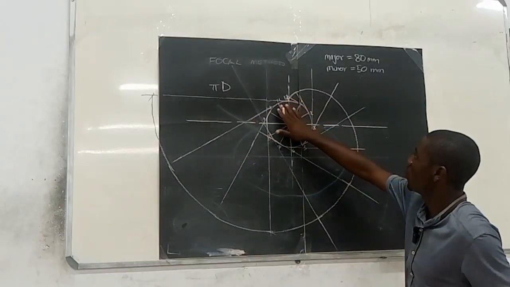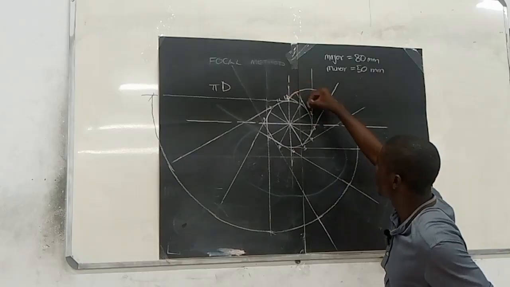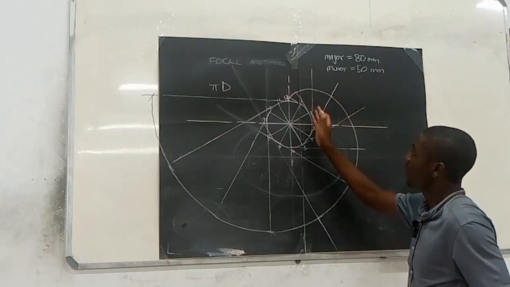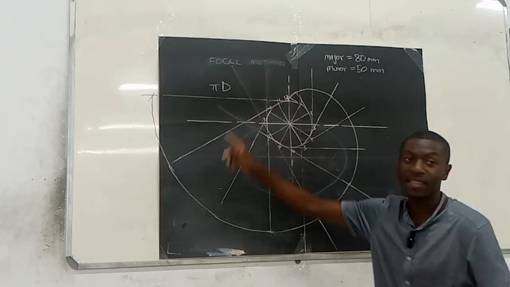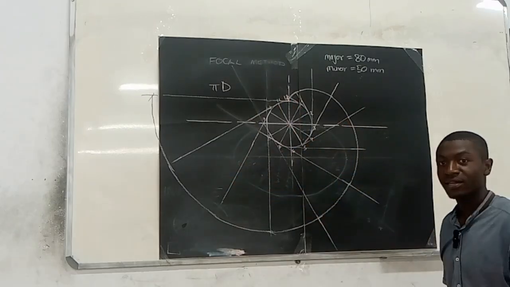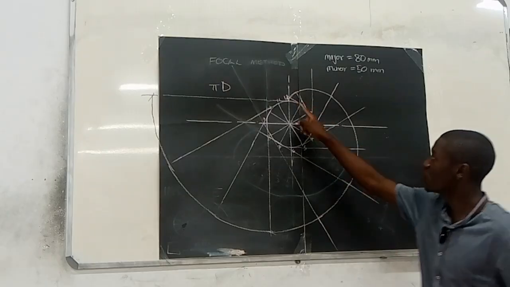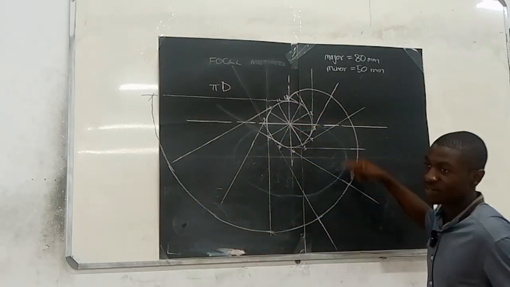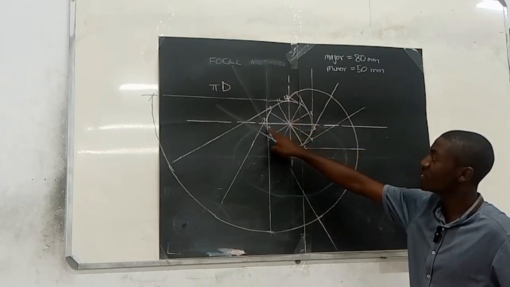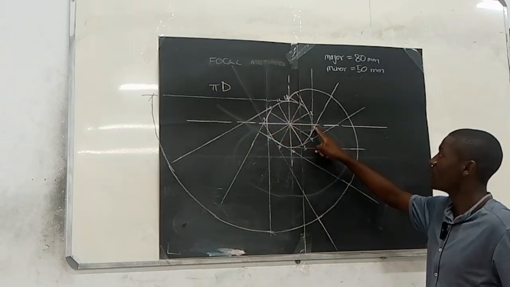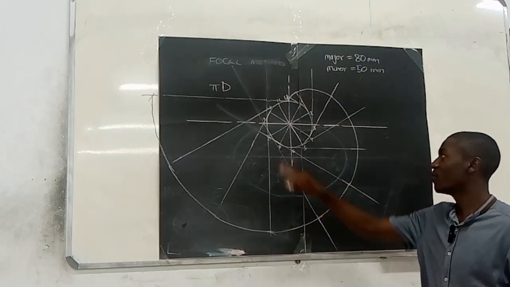If these lines were in the other way, meaning they are not starting from here, going like that, if I draw them in this other direction, this involute will open from the other side. You get what I mean, right? It won't start like that. It can also be the other way around. And it always doesn't start from this top point. It can even start from there. You can start from here. You can start from there. You can start from anywhere.